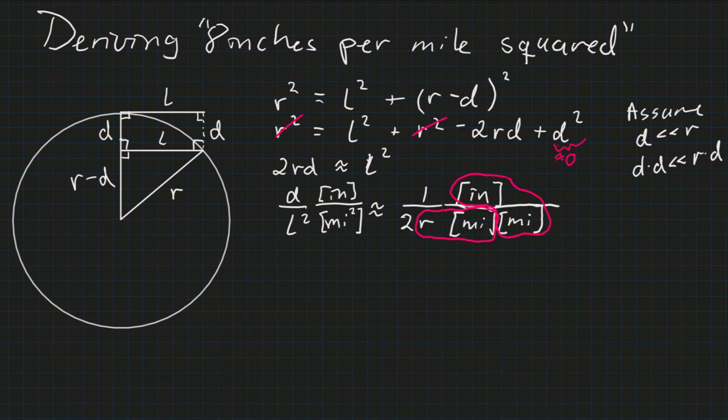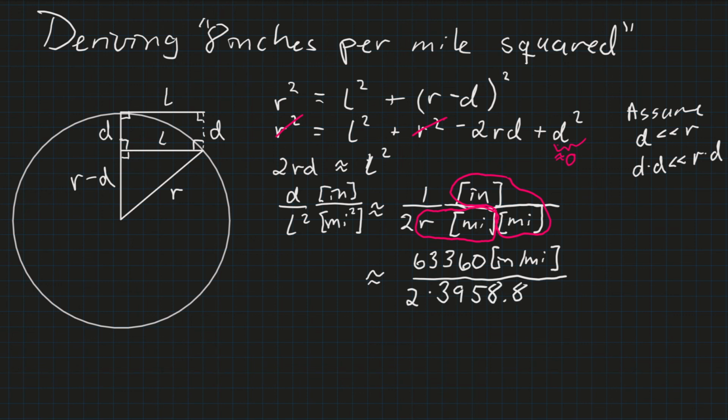So when I write this out, we get the number of inches per mile, that's 63,360 inches per mile, and divide by twice the radius of the Earth in miles. That's 2 times 3958.8 miles.